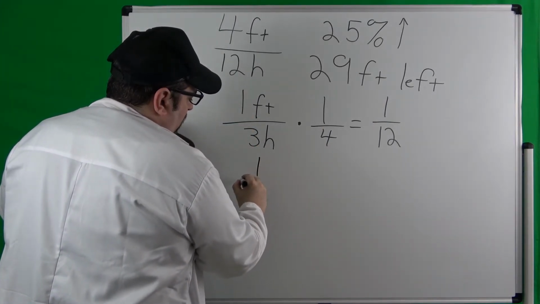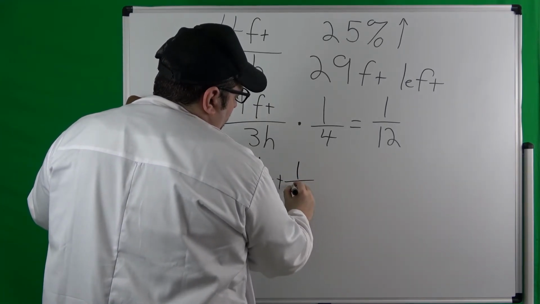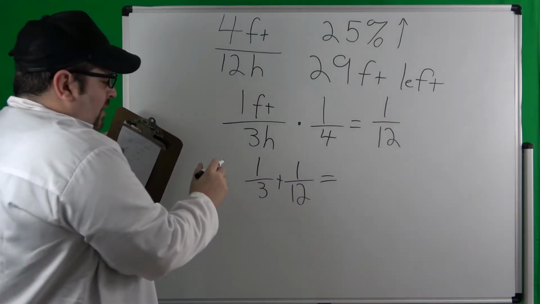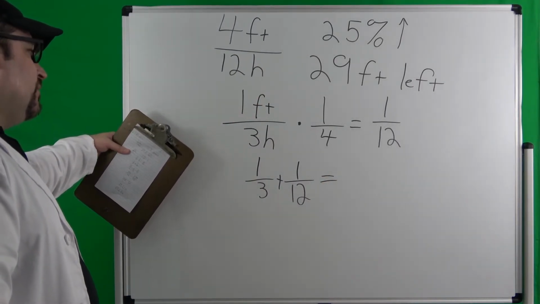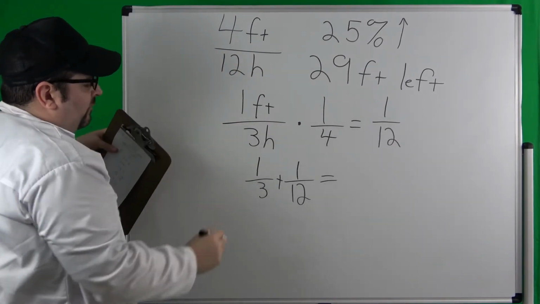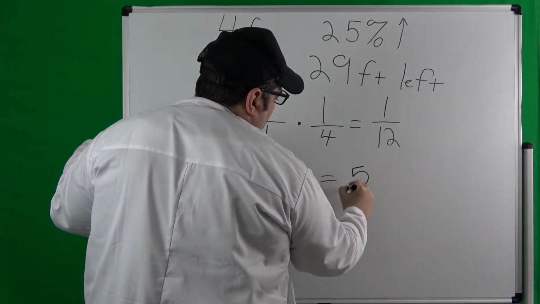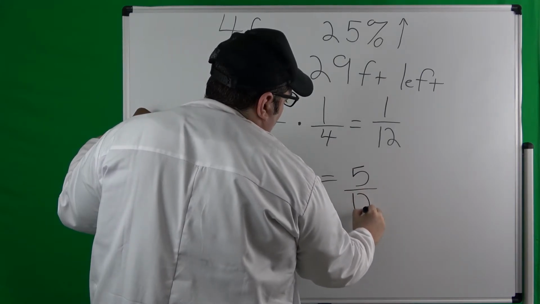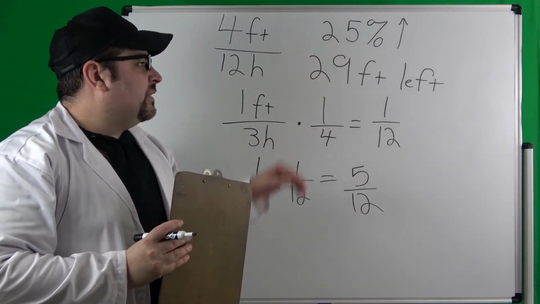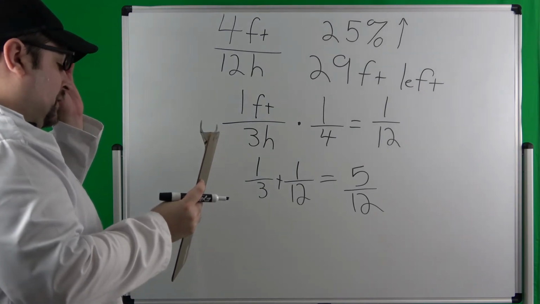So we're going to do 1/3 plus 1/12, and that equals, well, 1/3 equals how many over 12? Oh, well, see, we actually should have kept that. Would equal 4/12. So what's 4/12 plus 1/12? 5/12. So, okay, now with her really working a lot harder, she's now doing 5 feet every 12 hours.